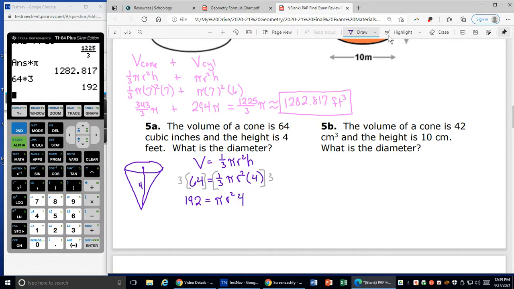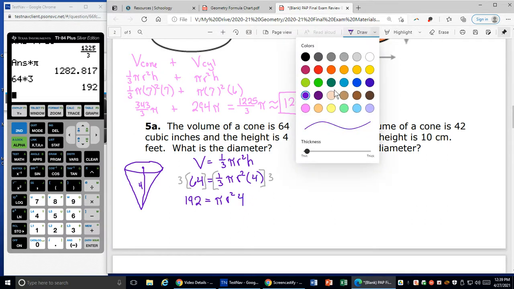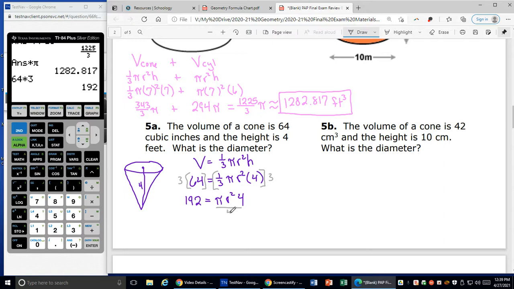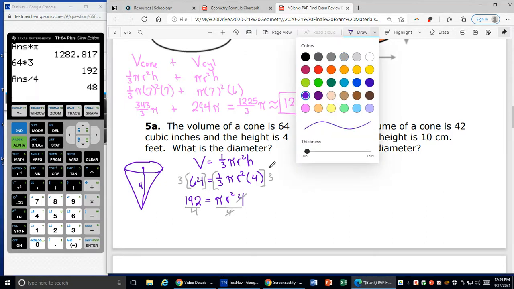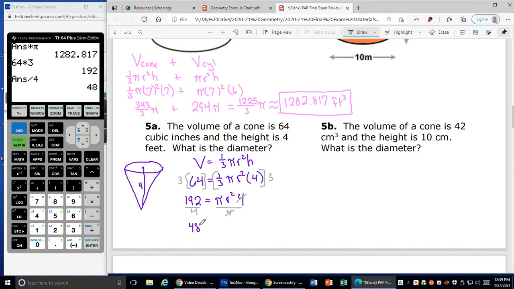Okay, so now I'm going to divide by that 4. 192 divided by 4 is 48. 48 equals, that got rid of the 4, so I still have pi r squared.